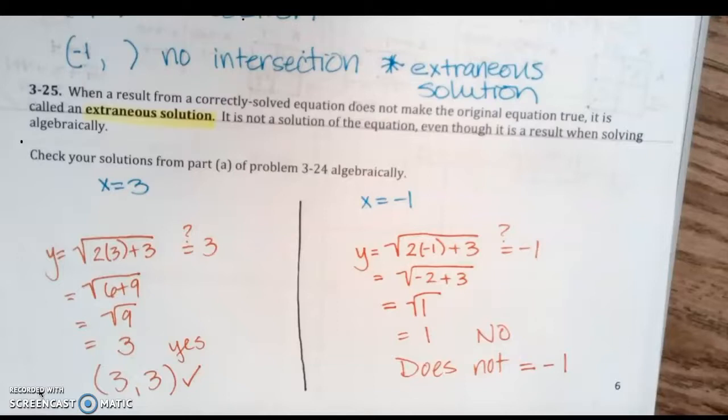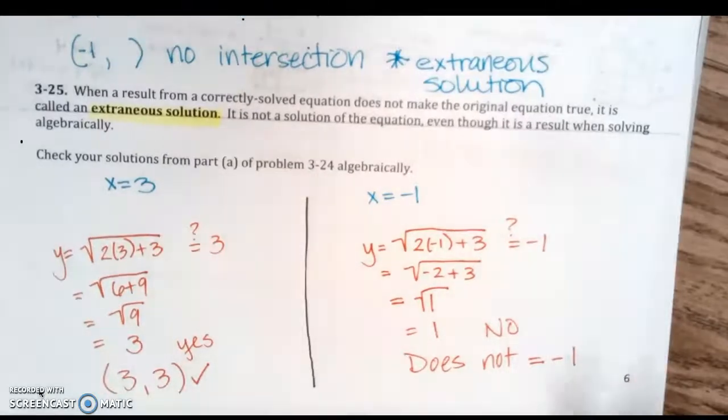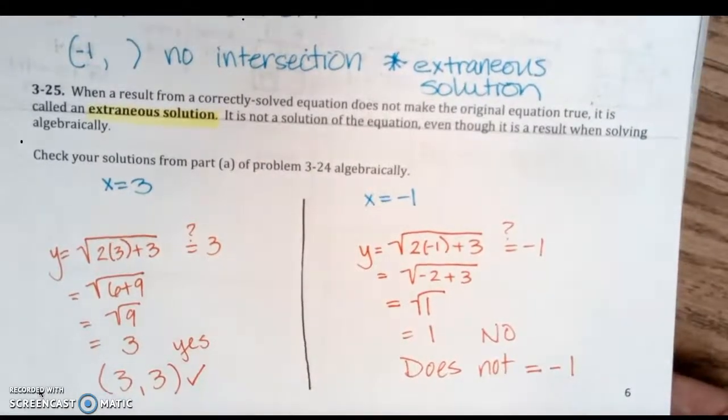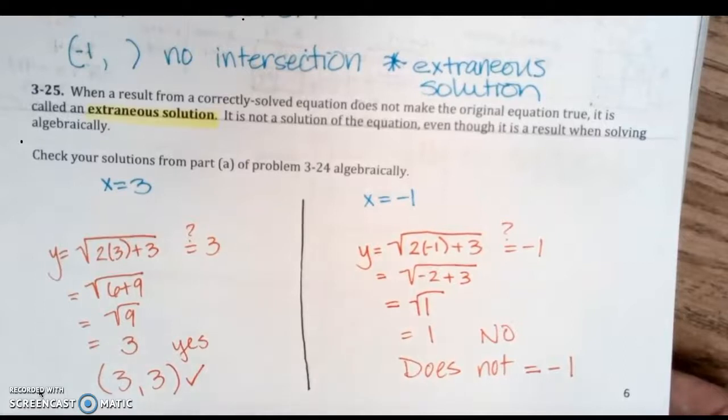It might feel like maybe I'm just missing something, but no, it actually does not work, okay? It does not equal -1. You did it correctly. It just feels like, oh, well, it's so close, maybe it should be, okay? Any questions on part 25?